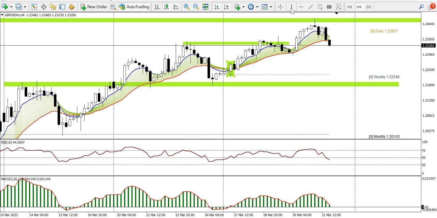In this kind of situation, we will start to look for a buying opportunity in each time frame from here.